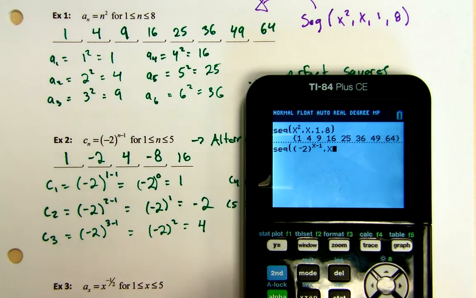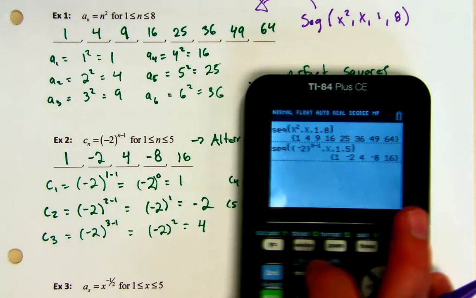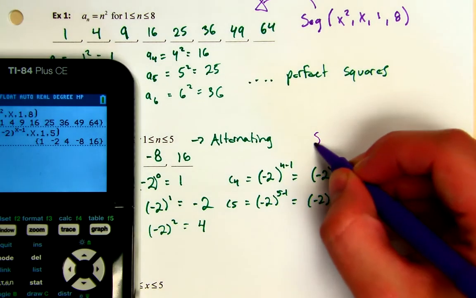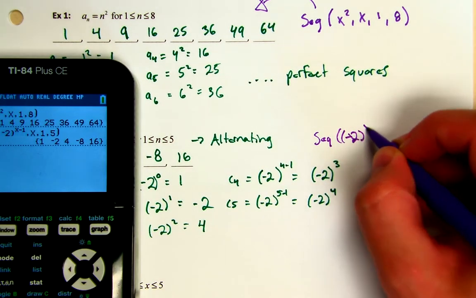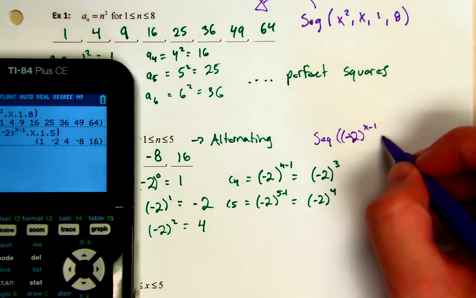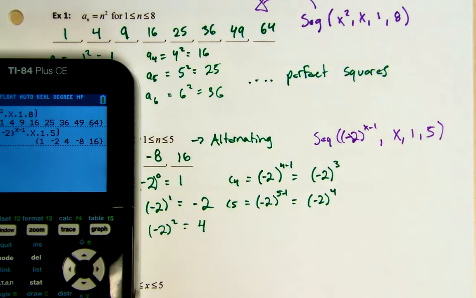I'm using the variable x. I'm starting at 1, and I am ending at 5. 1, negative 2, 4, negative 8, 16. Matches the sequence I had. So again, I did sequence of negative 2 raised to the x minus 1, used x, started at 1, ended at 5.